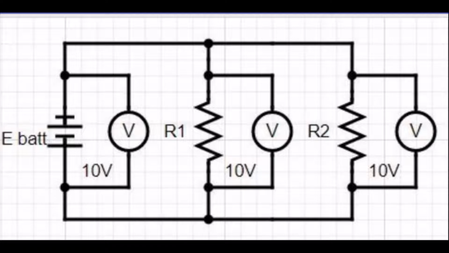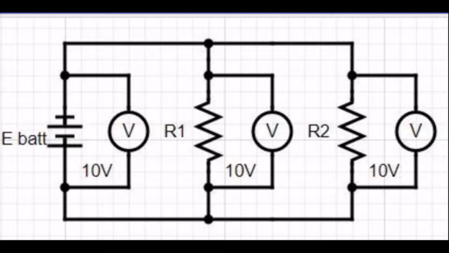If somebody were to ask what is the voltage of the entire circuit, you would take a look at the battery, of course, and you would say, well, it has to be 10 volts. Well, you also notice that the voltage across the first resistor is 10 volts, and the voltage across the second resistor is 10 volts.